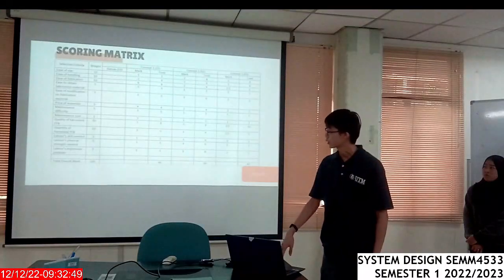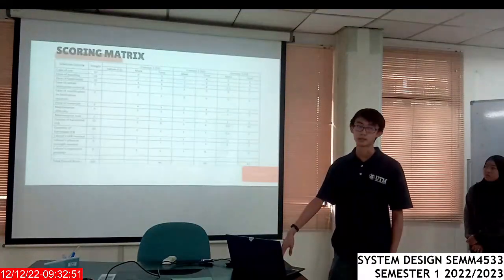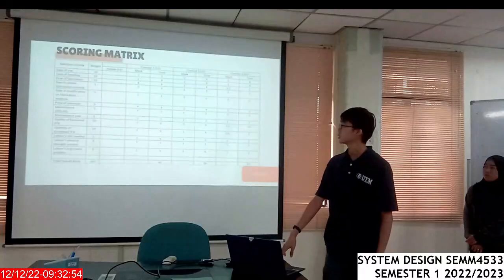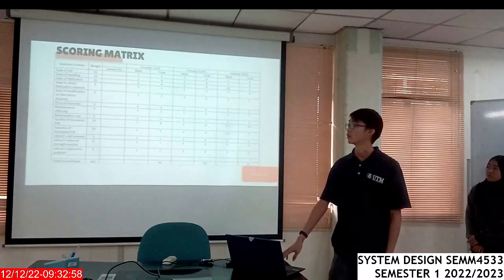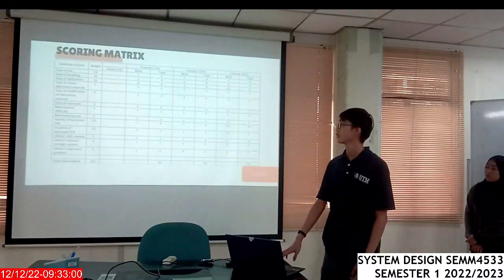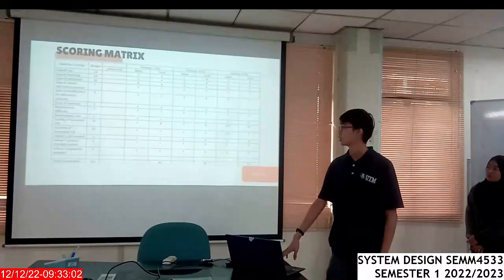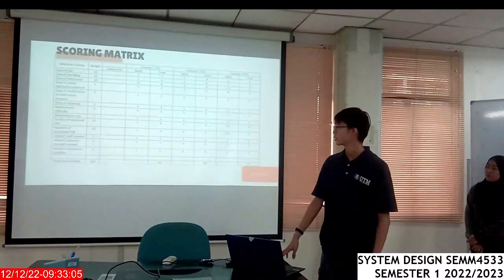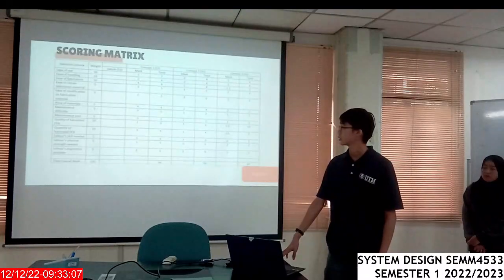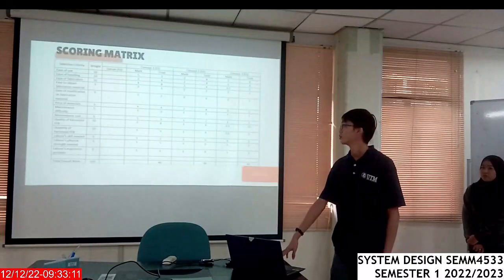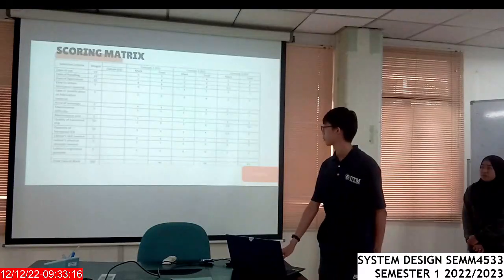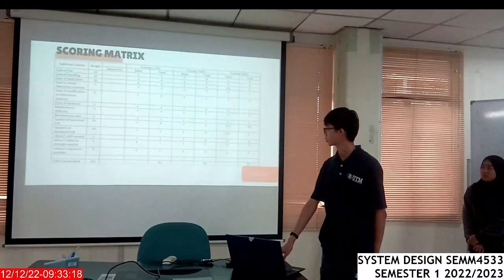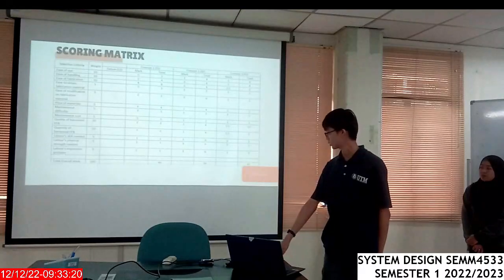Since ease of use and handling are also important in our design, we give them a weightage of 10 each. After this, the base is 5 marks, which indicates less important. So this is our scoring matrix.